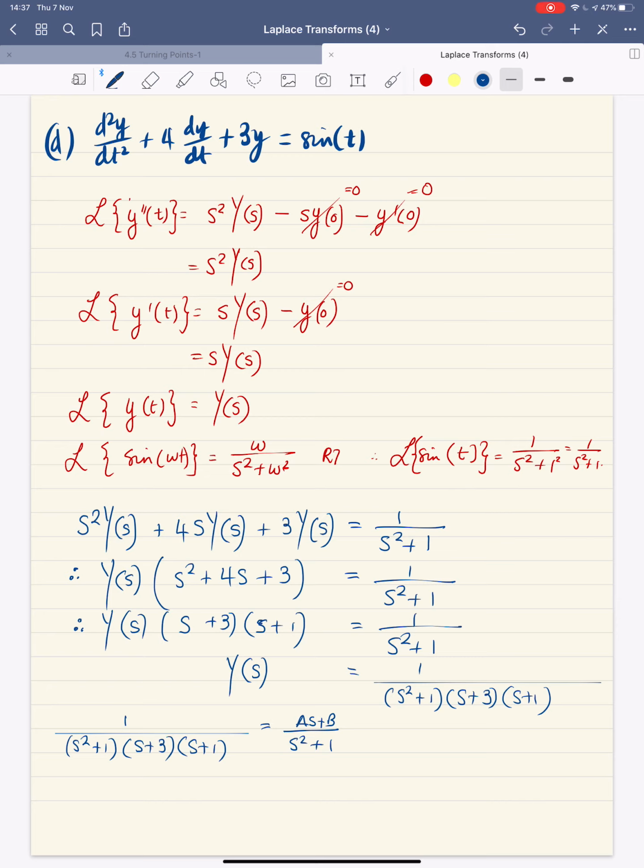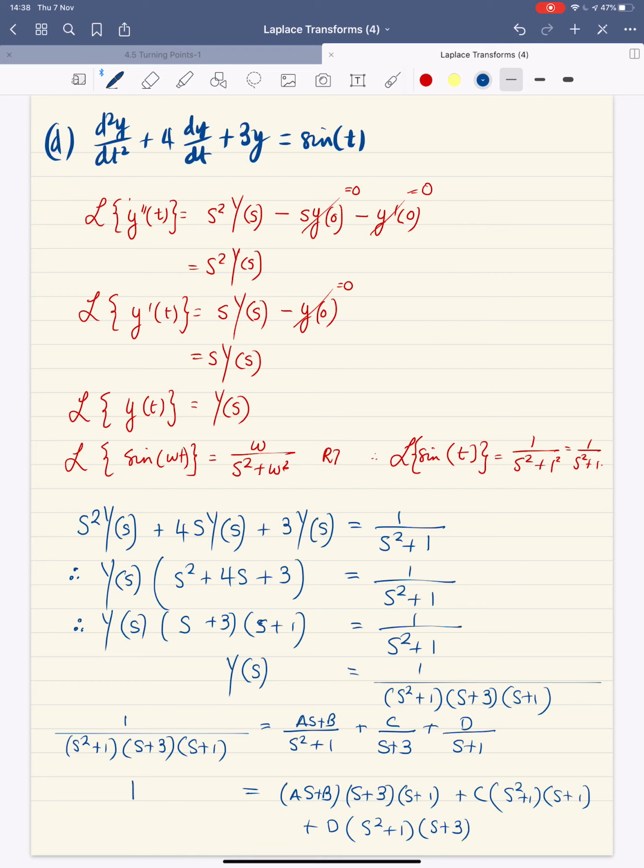And then the next one is C over s plus 3, and then D over s plus 1. So if we multiply both sides by the denominator of the left, 1 is (As plus B)(s plus 3)(s plus 1), plus C(s squared plus 1)(s plus 1), plus D(s squared plus 1)(s plus 3).